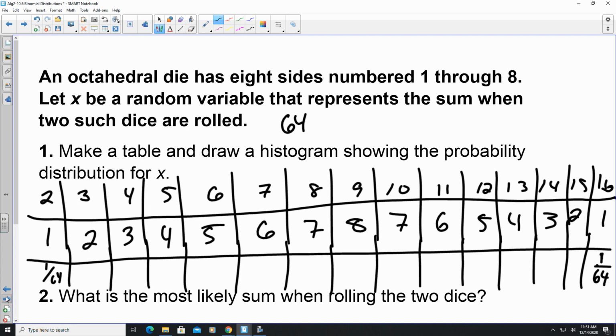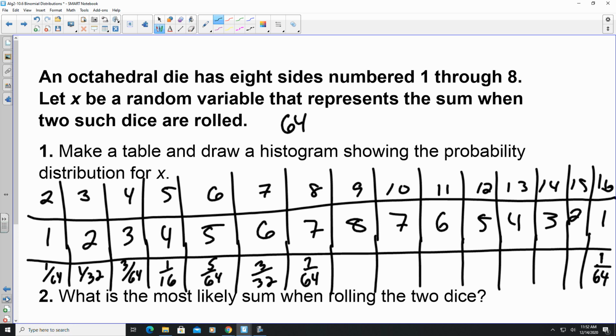So we've got 1 out of 32 over here. We've got 3 out of 64 over here. This one will be 1/16. The next one is 5 out of 64. The next one is 3 out of 32. The next one is 7 out of 64.